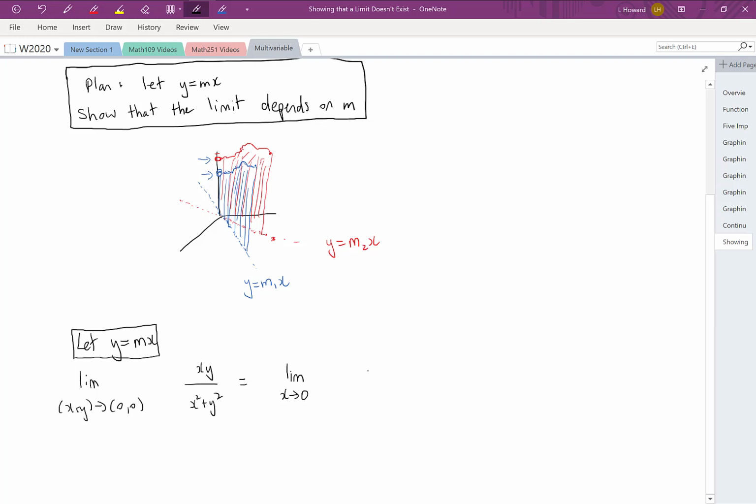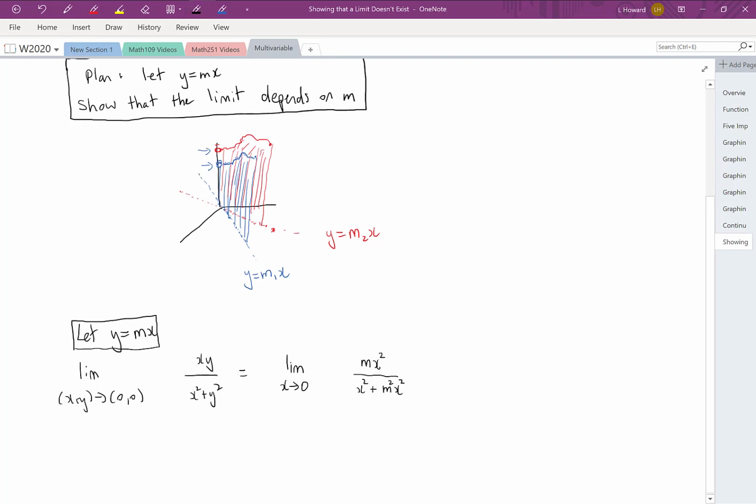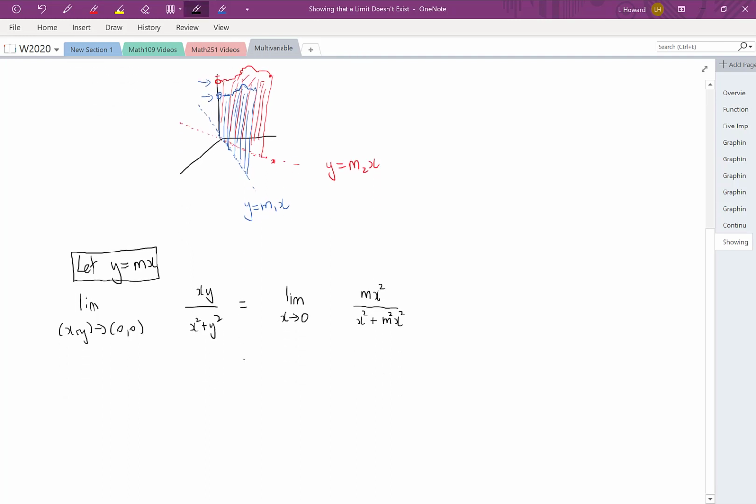On top, we'd have x times mx, which you could just write as m x squared. On the bottom, we'd have x squared plus, if we square the y value, m squared x squared. To evaluate this limit, we're going to factor out the x squared from the top and the bottom.